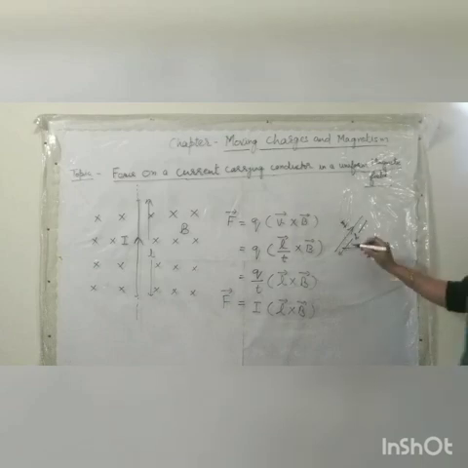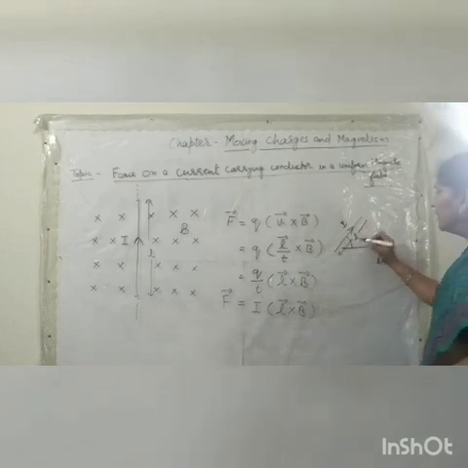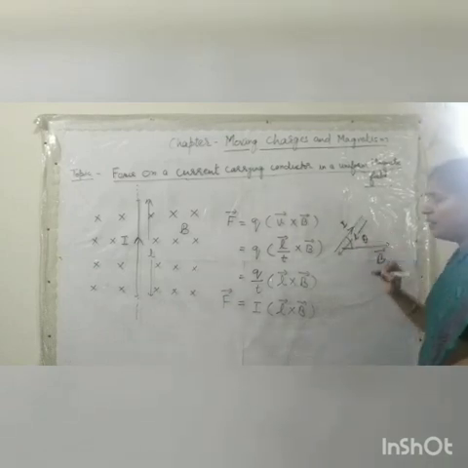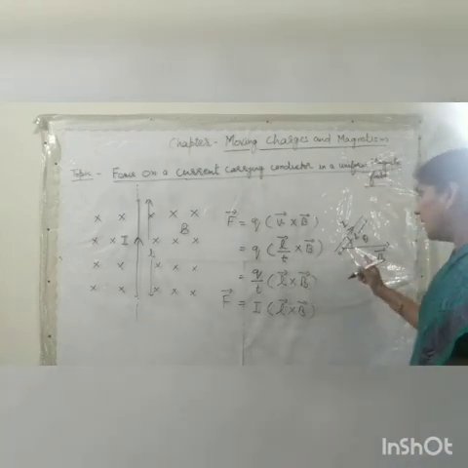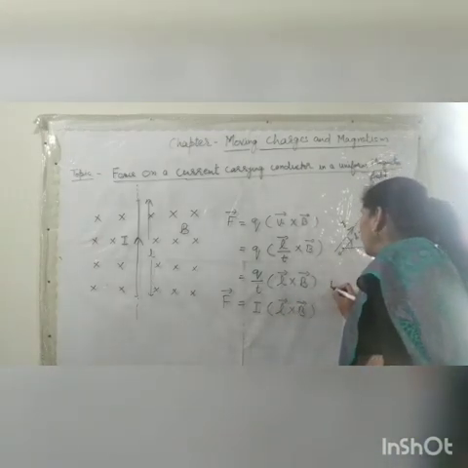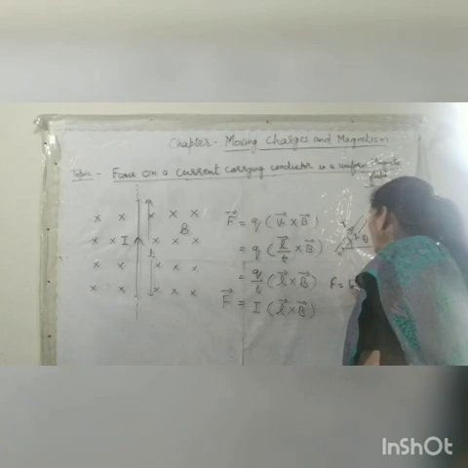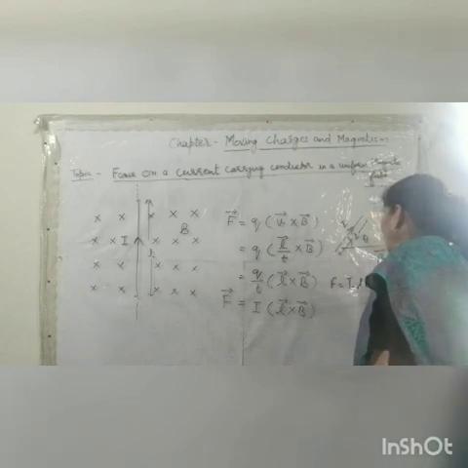If the angle between this vector L and the magnetic field is theta, then the magnitude of force will be I L B sine theta.